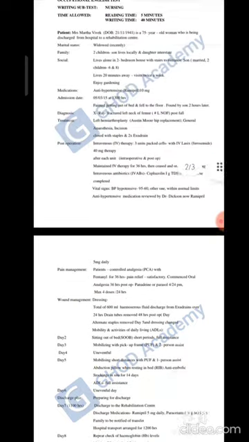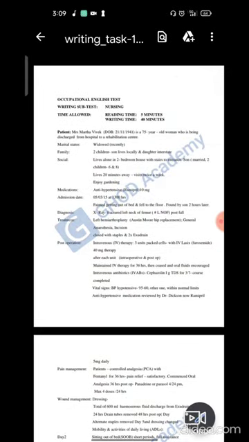So now you can plan for the letter. Actually here the scenario is that the patient was brought by the son after falling down at home, and when they came to the hospital on 5/3/2015, they did an X-ray. In that, they diagnosed a fracture.